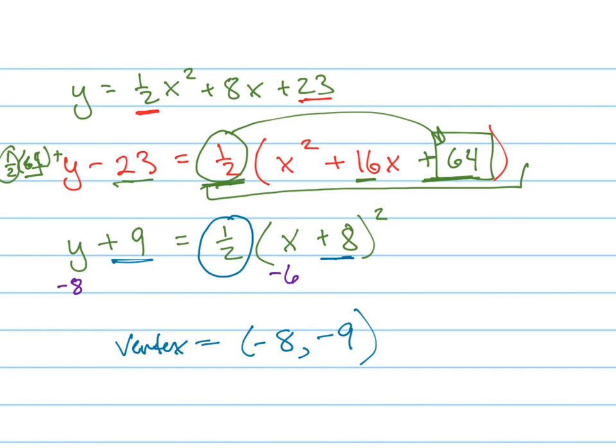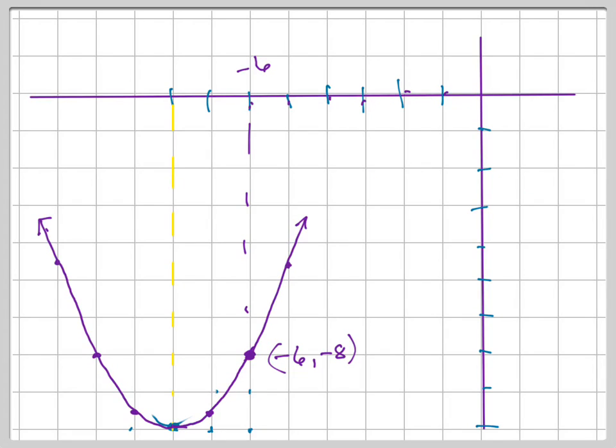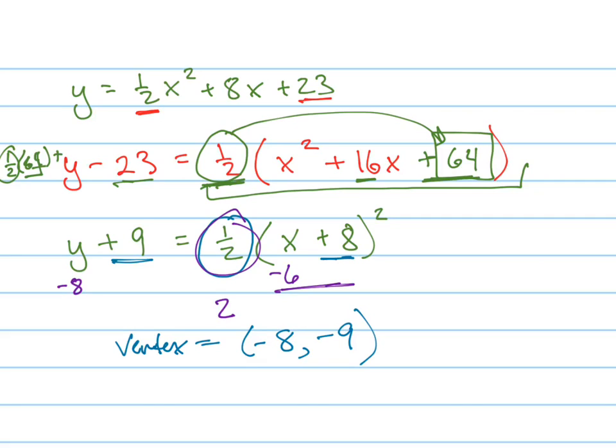Does that work? -6 plus 8 is 2, squared is 4, half of 4 is 2. Uh-oh. And -8 plus 9 is 1. Maybe it should have been -7. Yeah, I counted wrong. It wasn't -8. This is -7, not -8. Oh, okay. So that did work. Got it? Yeah.